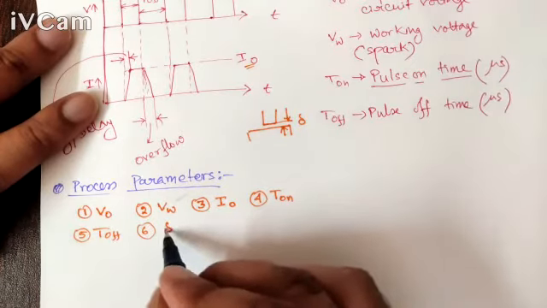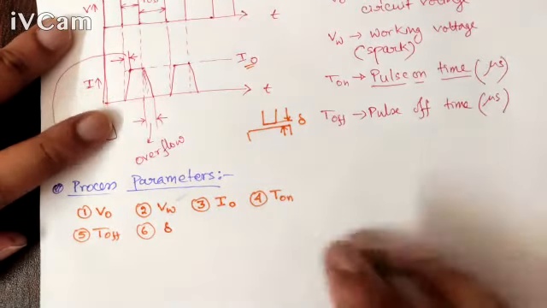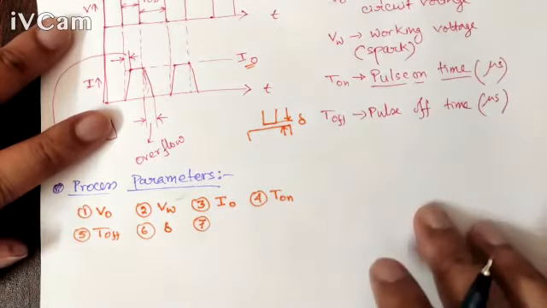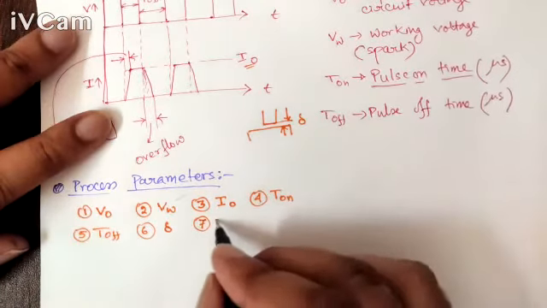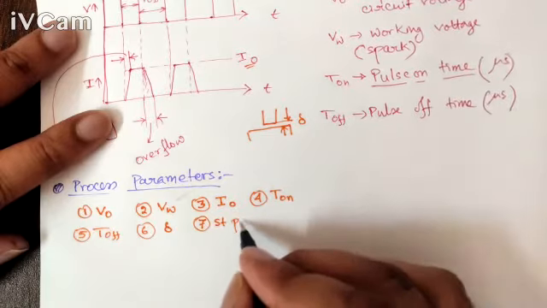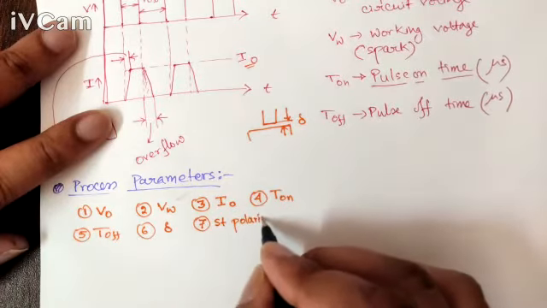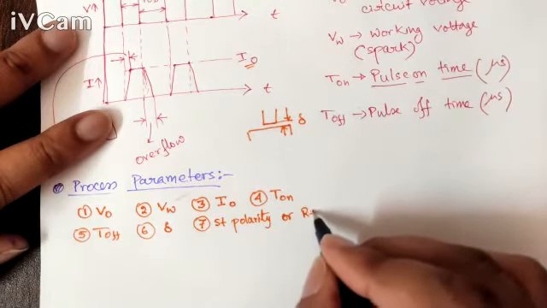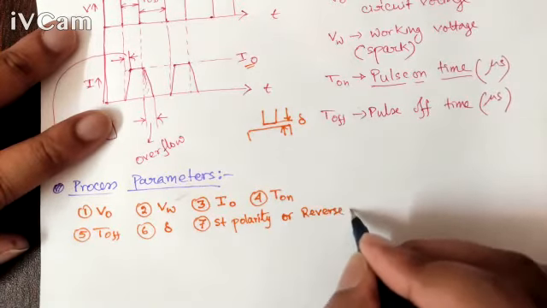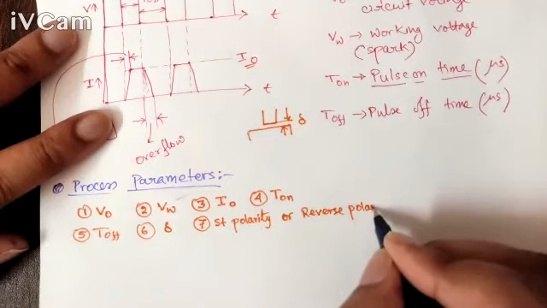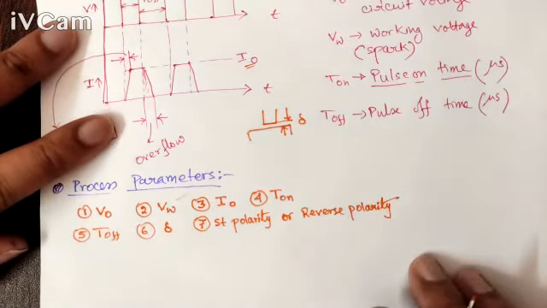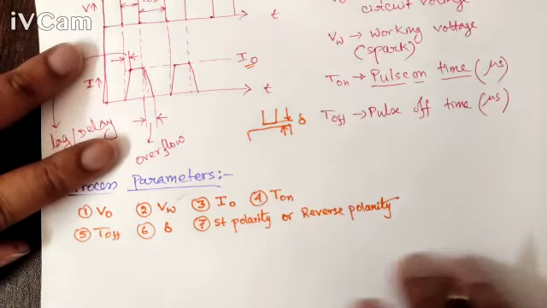So the sixth parameter is delta. Seventh parameter: whether we are using straight polarity or reverse polarity.